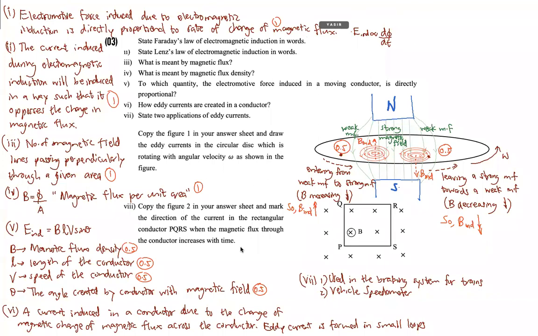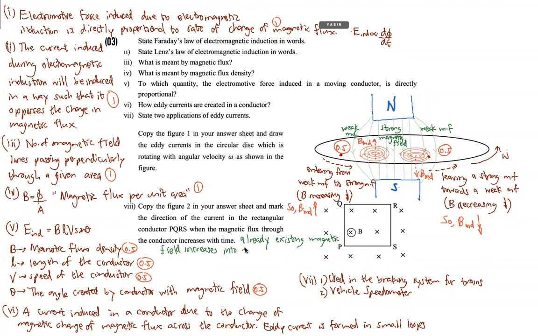So Roman 8. What can I say? Lenz's law. The already existing magnetic field increases into the plane.